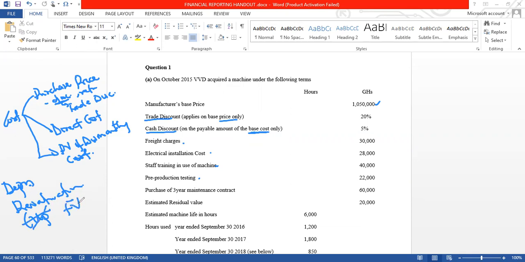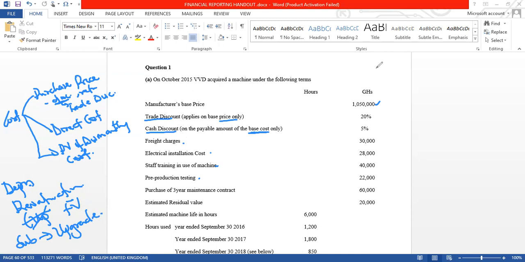And remember, we also talked about subsequent expenditure, which can be of a capital nature, and which has the name upgrade in this question.